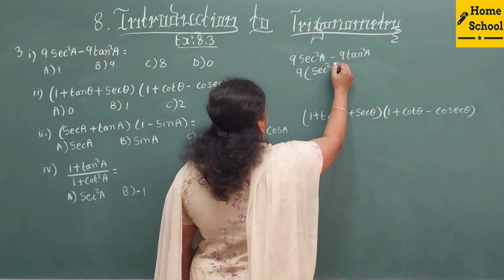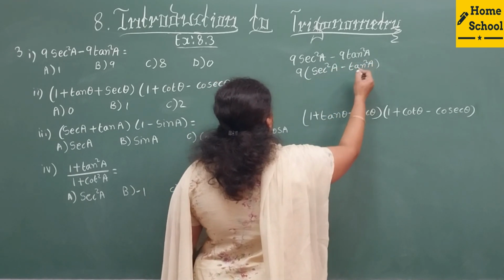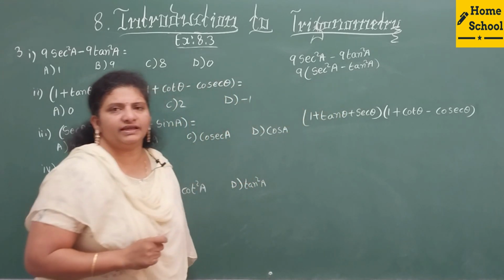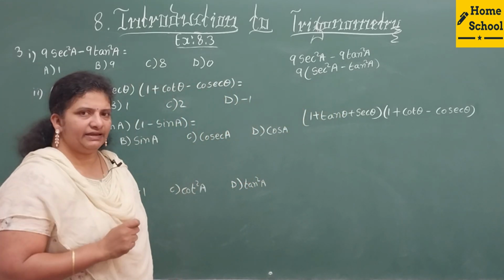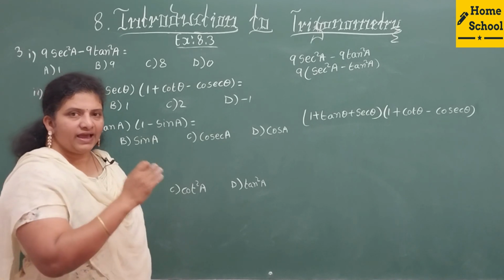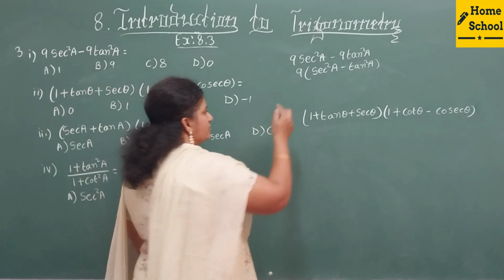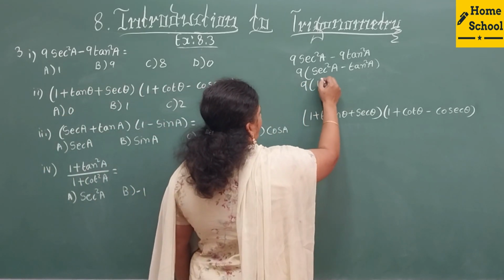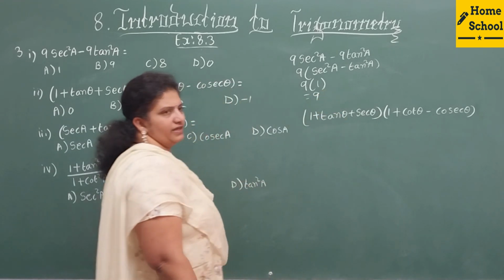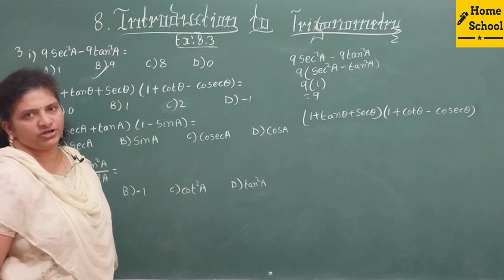So take out 9, secant square A minus tan square A. And we know from the identity, what is that? Second identity, 1 plus tan square A is equal to secant square A. Whereas secant square A minus tan square A is nothing but 1. So write that one. 9 into 1 value is 9. So which is your right answer? Option B, 9 is your answer.